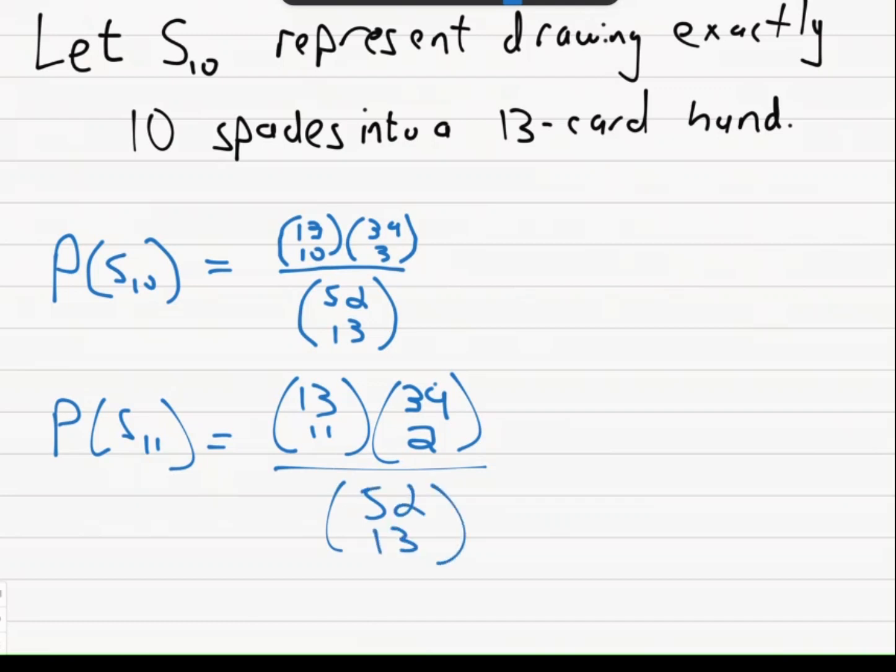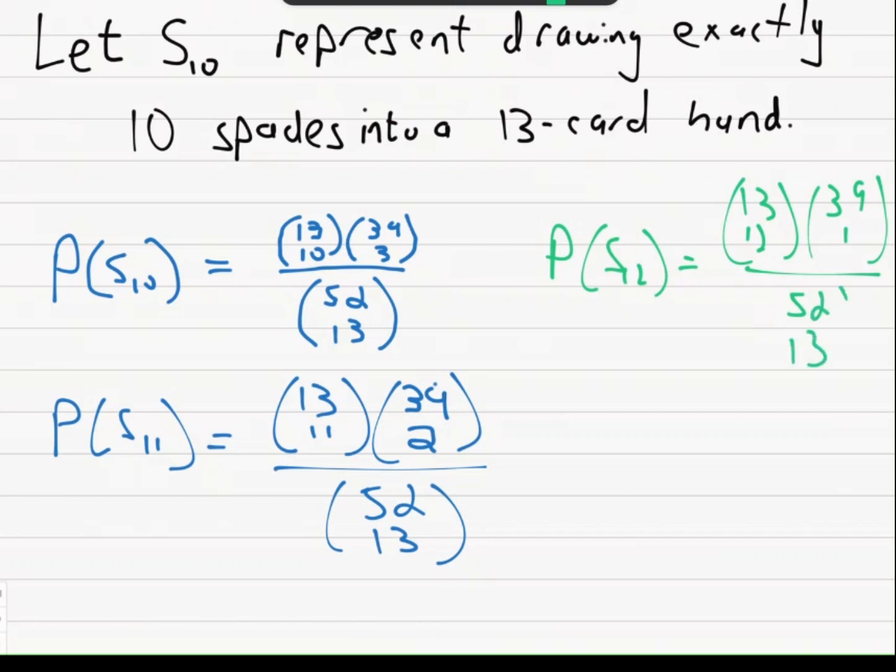And we're also going to have the probability of S12, which is going to be equal to 13 choose 12 times 39 choose 1 over 52 choose 13.